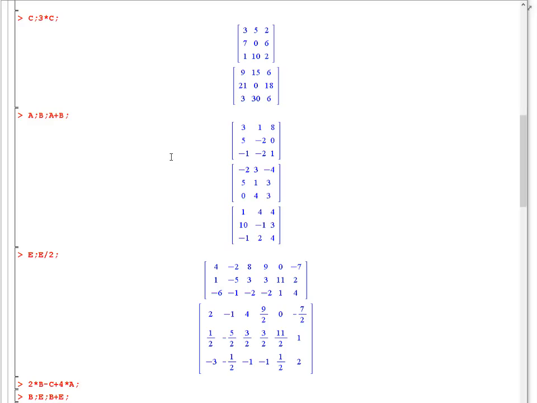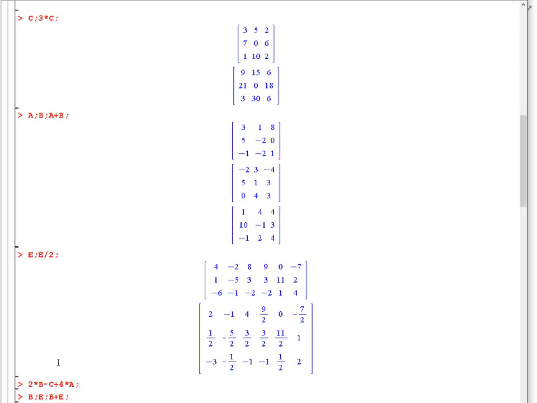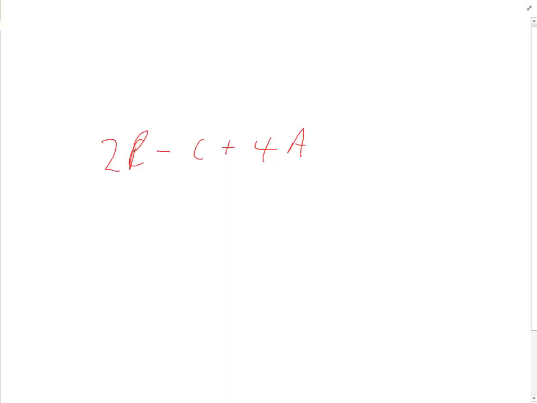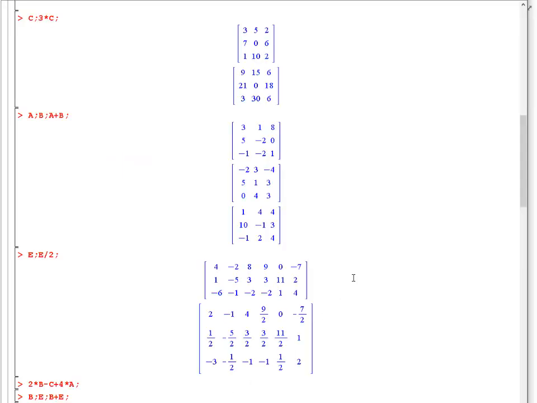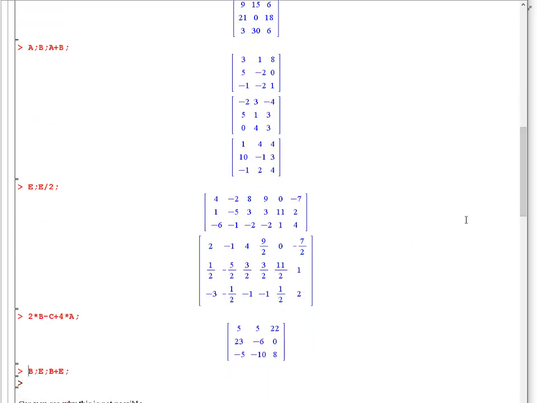So you might write this as 2B minus C plus 4A, and it would appear like that.